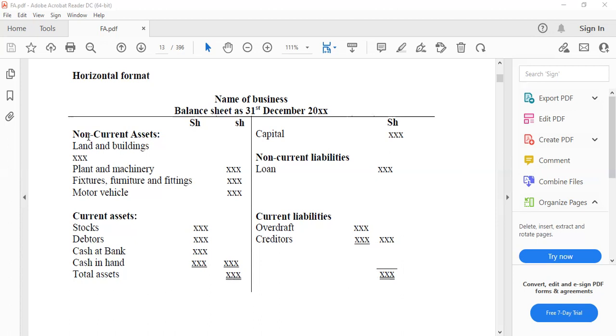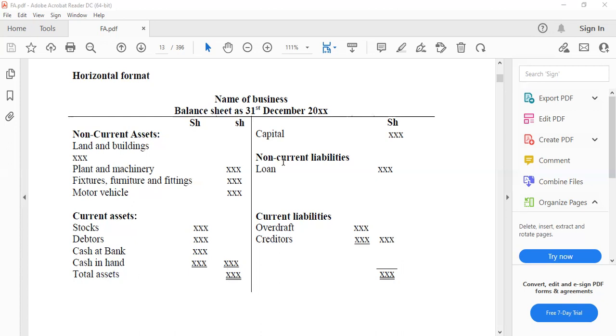Non-current assets are items like land and building, plant and machineries, fixtures, furniture and fittings, and motor vehicles. Current assets are items like stock, which some books call inventory, debtors, cash at bank, and cash in hand.